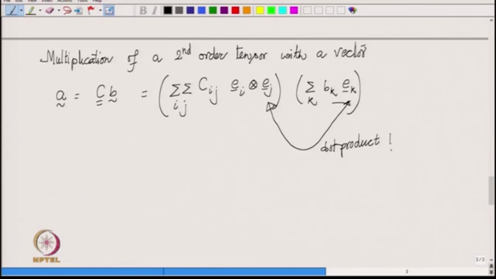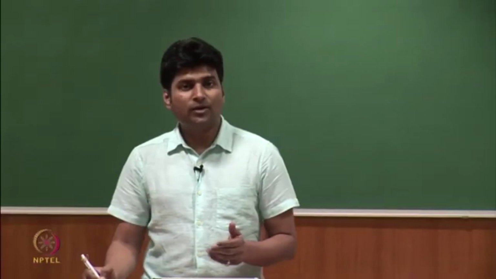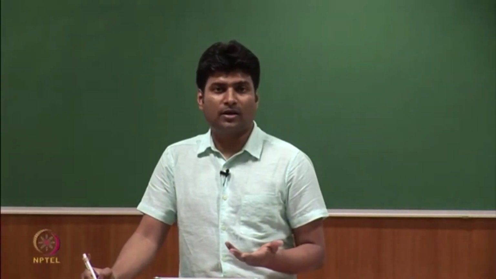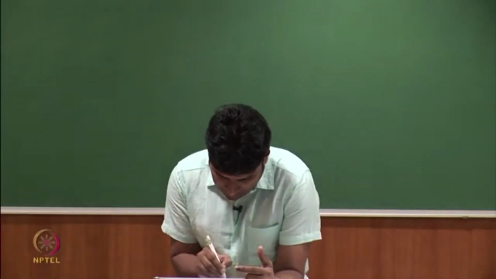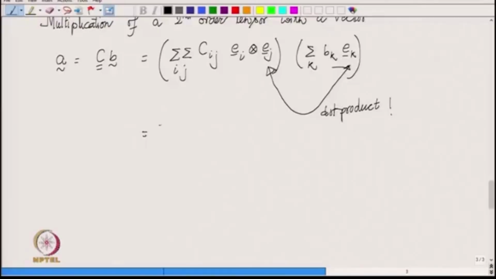You do not take e_i and e_k, you have to take e_j and e_k. Take the dot product and let us see what we get. So, two vectors you take dot product, it becomes a scalar, right. So, here then we have triple summation over i j k of C_ij B_k.